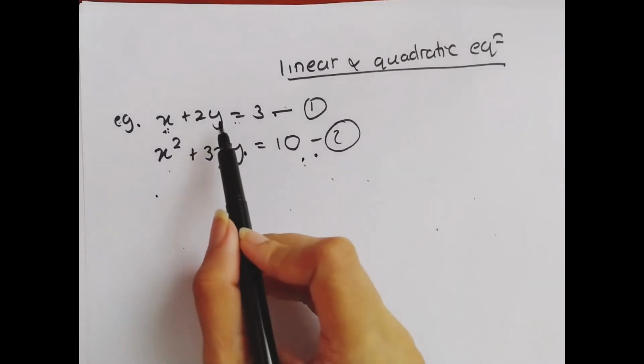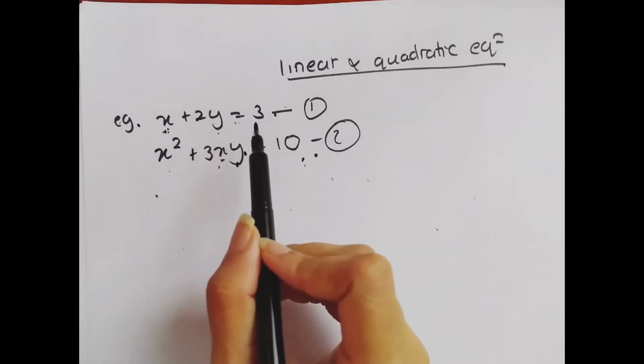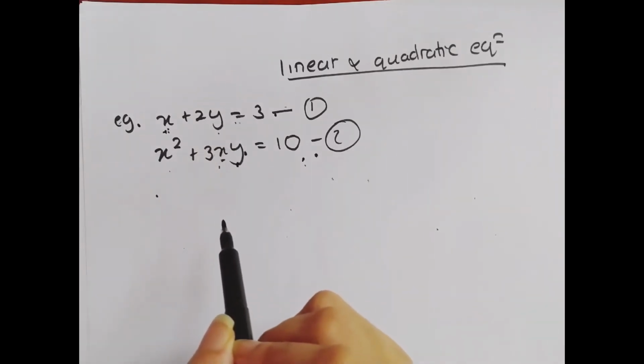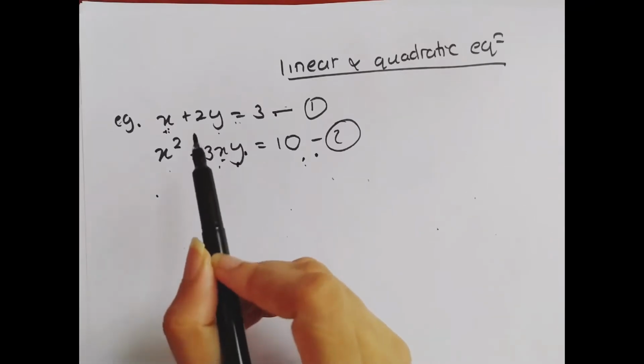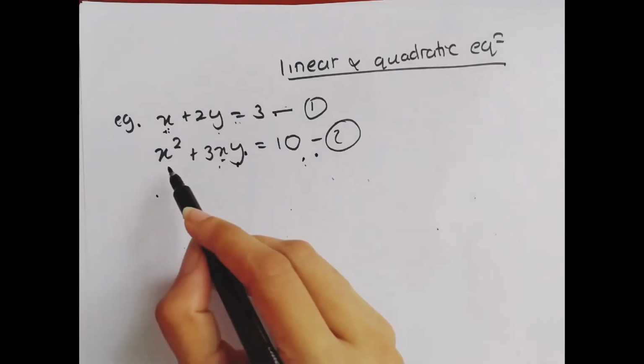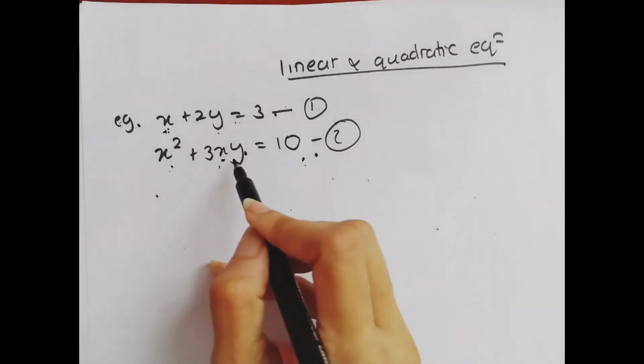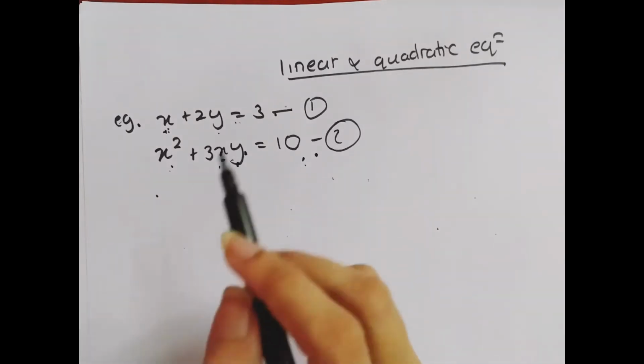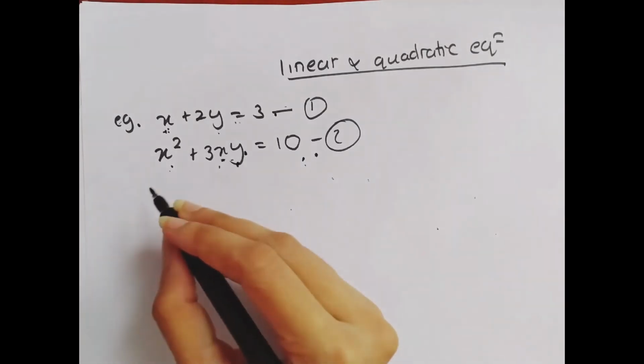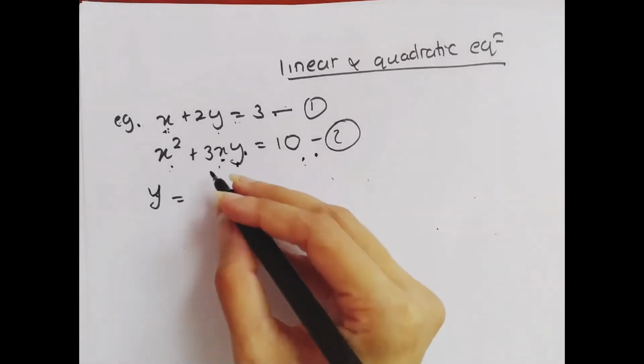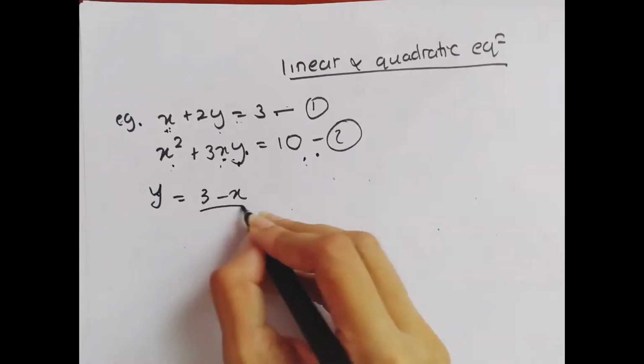If you make x the subject, you have two places to do the substitution. So we will make y the subject: y = (3 - x)/2.